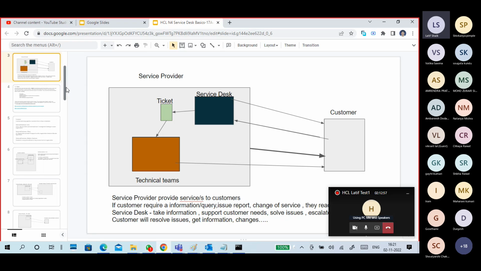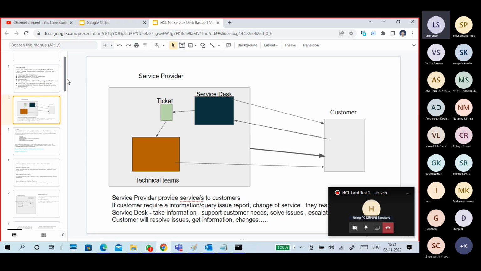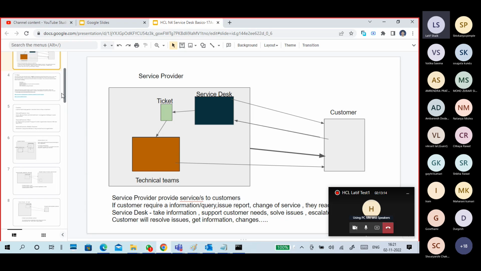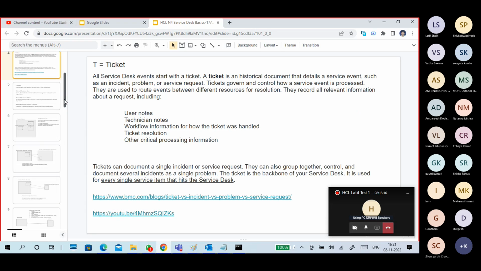The service desk understands the customer requirements, creates a ticket accordingly, and escalates the ticket to the team, so then we will investigate the ticket and resolve the customer-related issues.